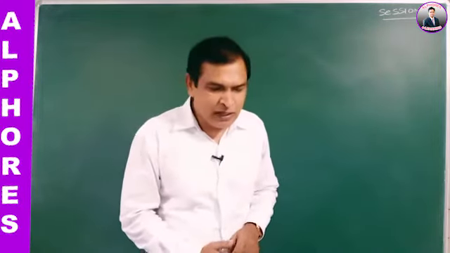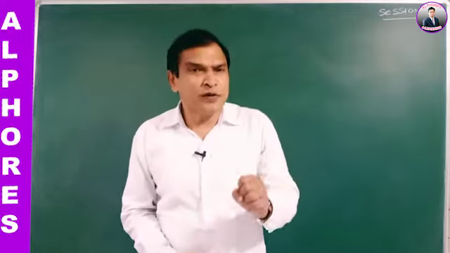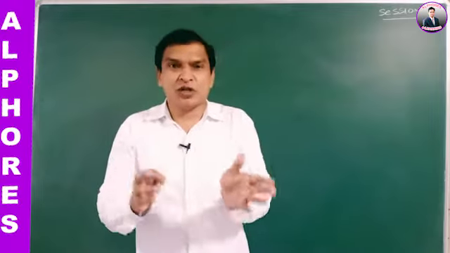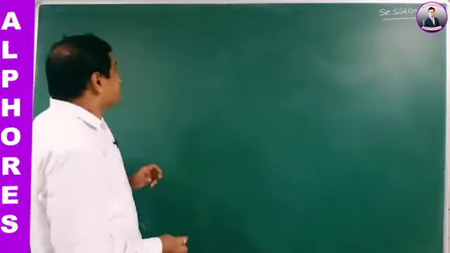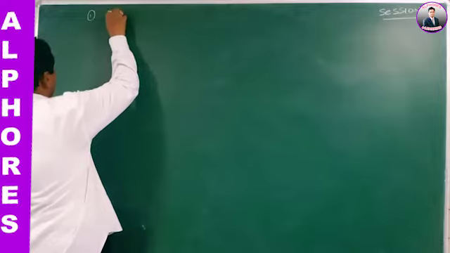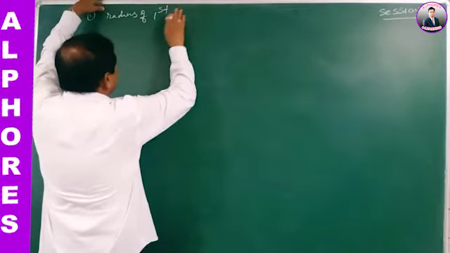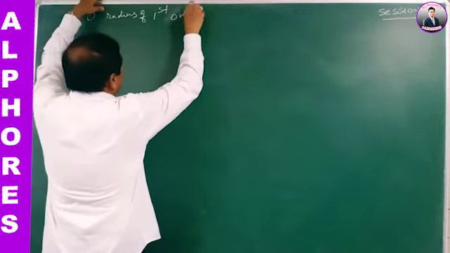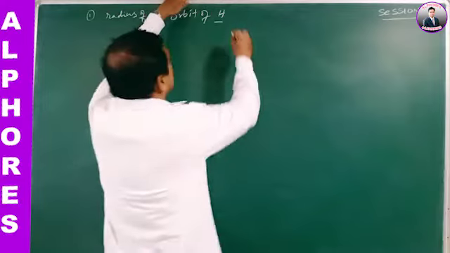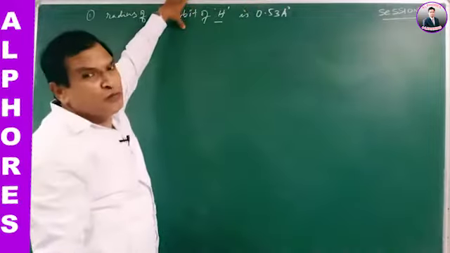Okay, let us write the numerical part. The radius of the first orbit of hydrogen, that means the radius of Bohr's orbit of hydrogen, Bohr's orbit being nothing but the first orbit of hydrogen, is given as 0.53 angstroms.